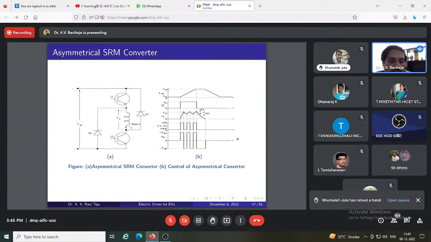So this is a symmetrical converter which I just showed. It uses two switches per phase, applies plus VDC for energizing, applies minus VDC for de-energizing. So if VDC is 100, I can apply maximum plus VDC, maximum minus VDC only for energizing and de-energizing the winding, not beyond. So the slope of the rise or fall of current gets dictated or restricted by the DC link voltage.